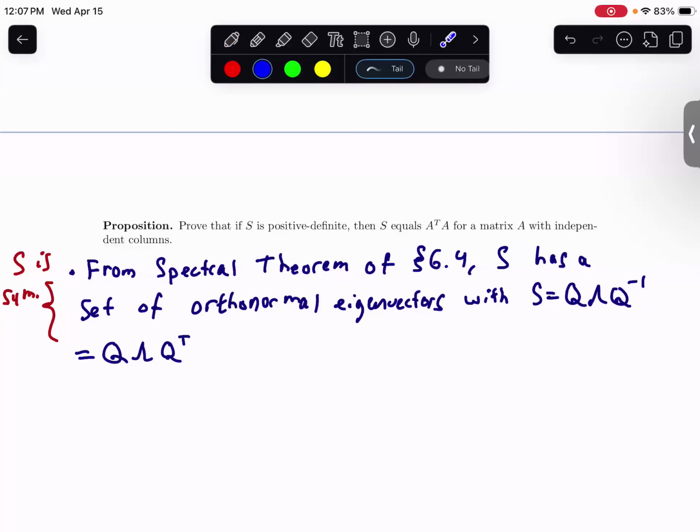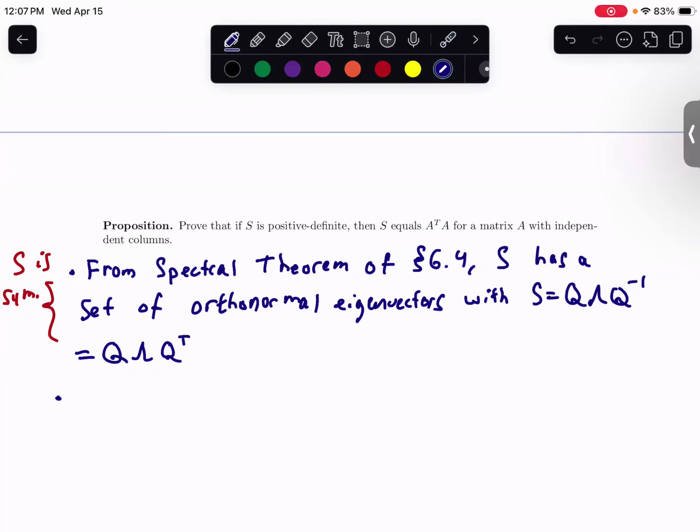And now we want to make use of the fact that S is positive definite. So because S is symmetric, we know we have this diagonalization in terms of orthogonal matrices. Furthermore, because S is symmetric, we know its eigenvalues are going to be real. And then because it's positive definite, we know the eigenvalues are also going to be positive.